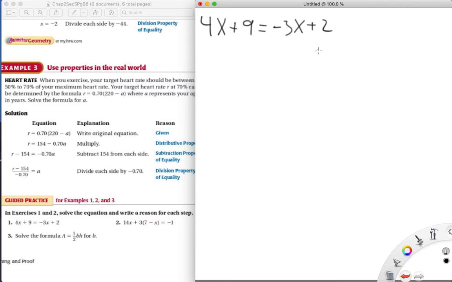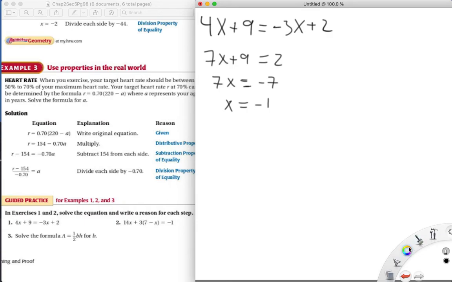The next step, I would add 3x to both sides, so I have 7x plus 9 is equal to 2. Subtract 9 from both sides. 7x equals negative 7, and then x equals negative 1.